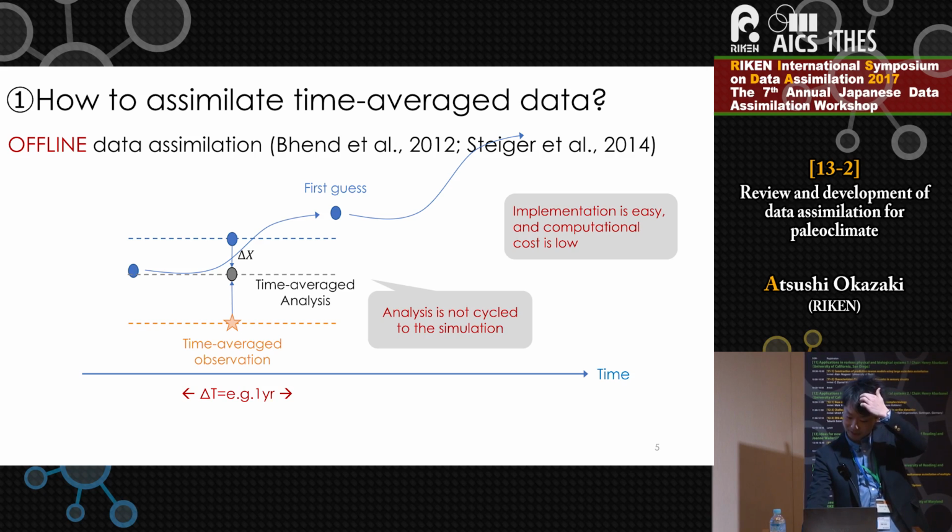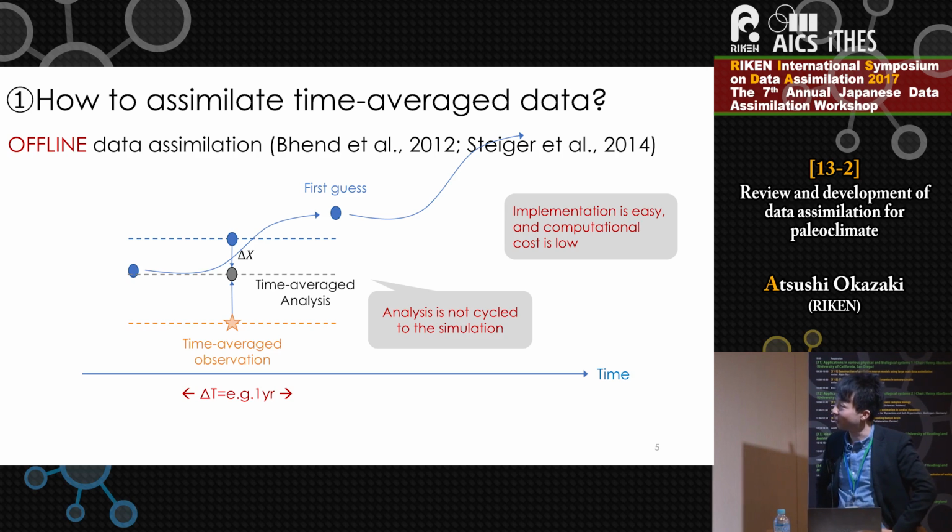As such, we can use pre-existing simulations for the offline simulation. So its computational cost is very low, and the implementation is much easier than online assimilation. This offline data assimilation is becoming popular these days.